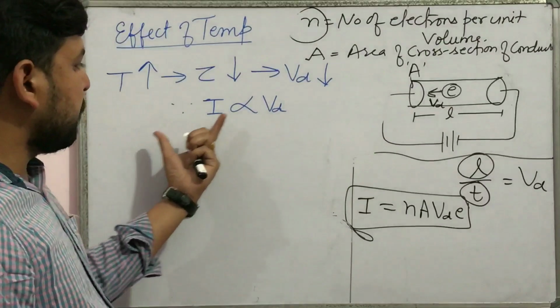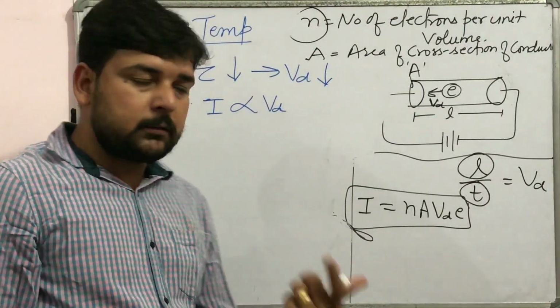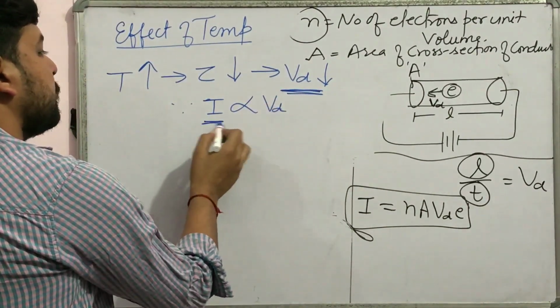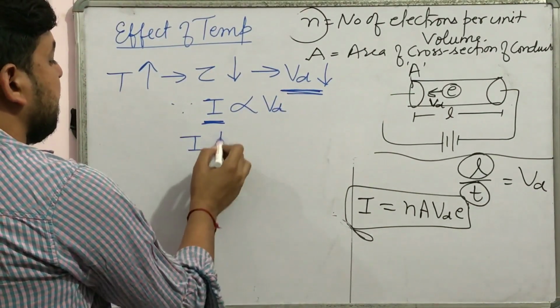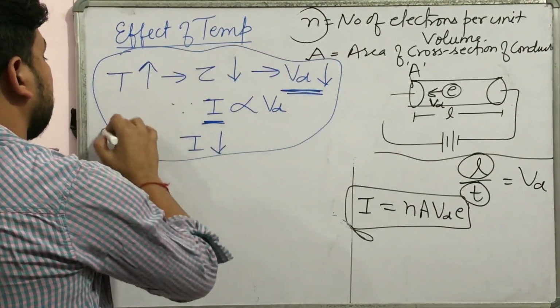Then current is proportional to drift velocity, and with a decrease in the drift velocity, I also decreases. So that was the complete scenario.